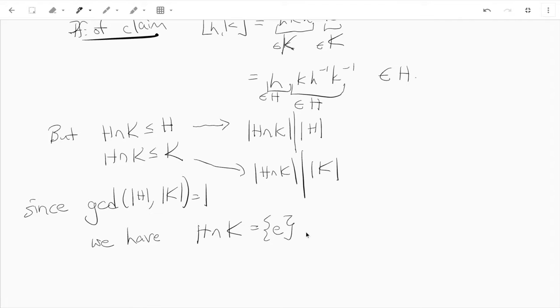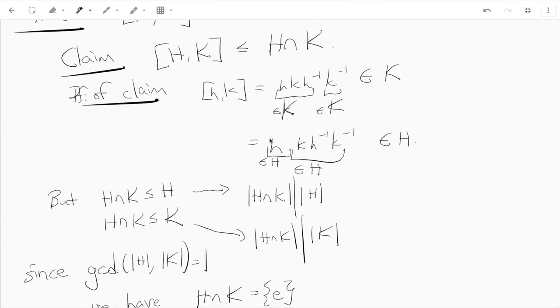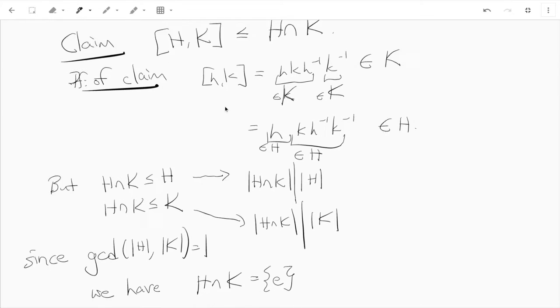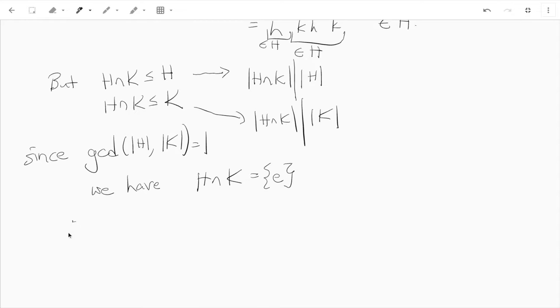Each of these commutators is in the intersection, so each of these commutators is trivial, for all h in H and k in K. In other words, every h commutes with every k. And this is what we need to show that we have a direct product.